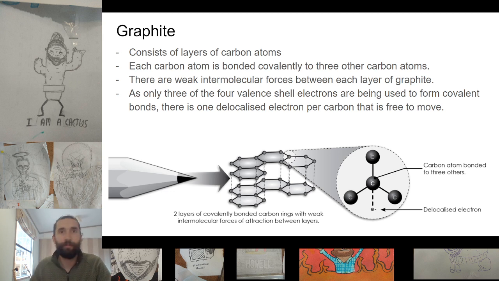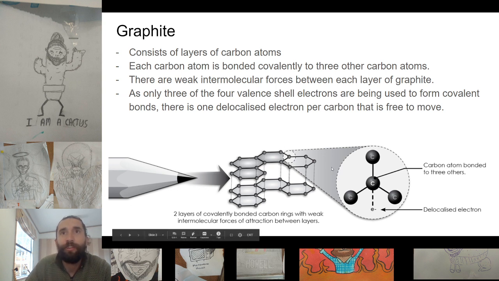All right, so the first one, graphite. Graphite consists of layers of carbon atoms. Each carbon atom is bonded covalently to three other carbon atoms. So here is one layer of graphite, and then there's another layer below it.